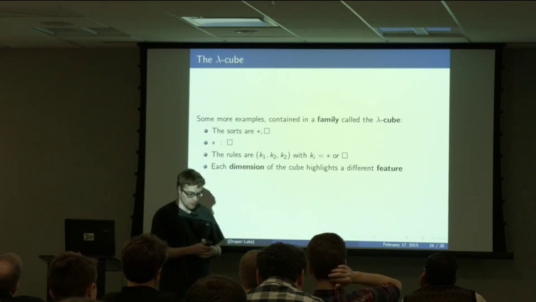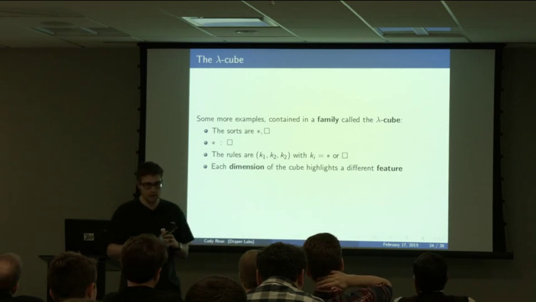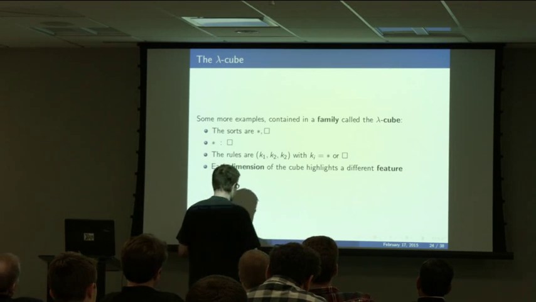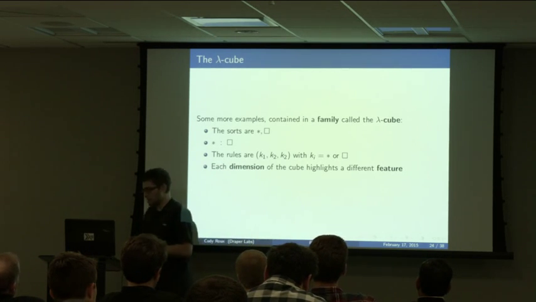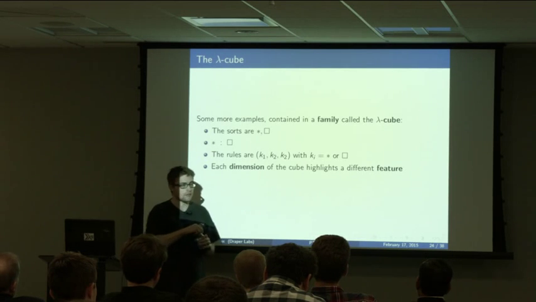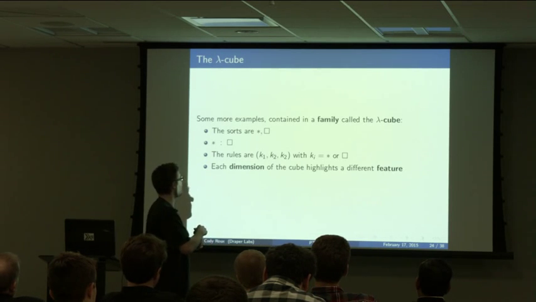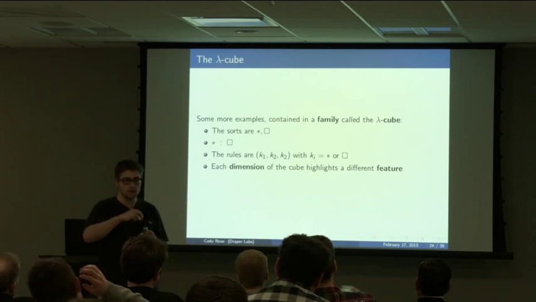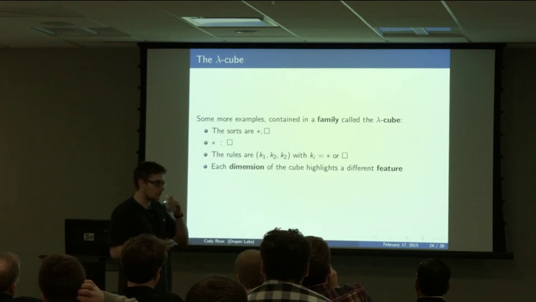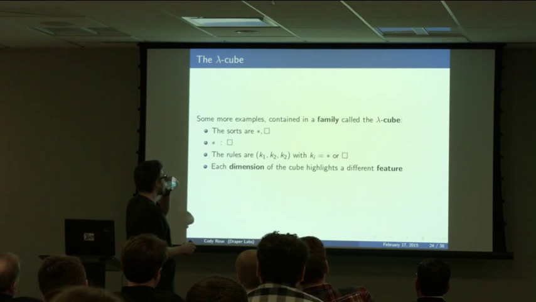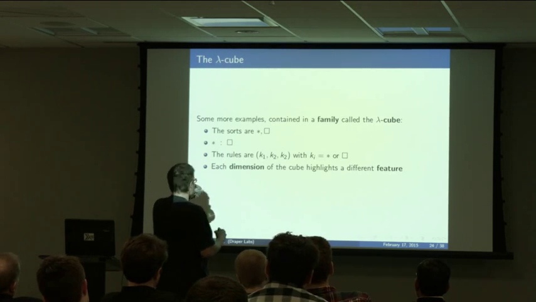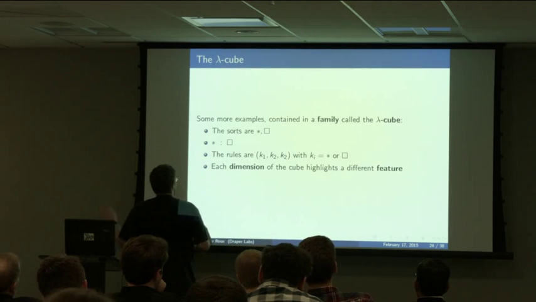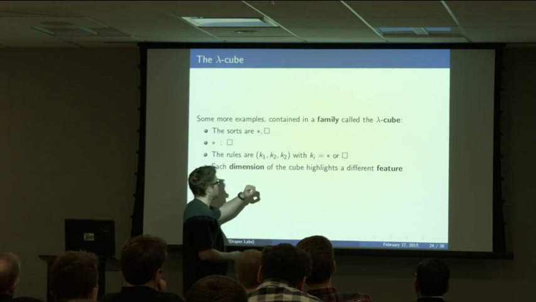So instead of giving a next example, I'm going to give 4 next examples. I'm sorry, 8 next examples. Basically, the example we just saw and a bunch of other interesting things are contained in something called the Lambda Cube. And the Lambda Cube also only has the 2 sorts, star and square, but it has the same axiom, star of type square.